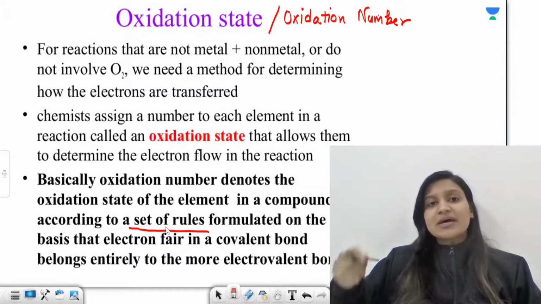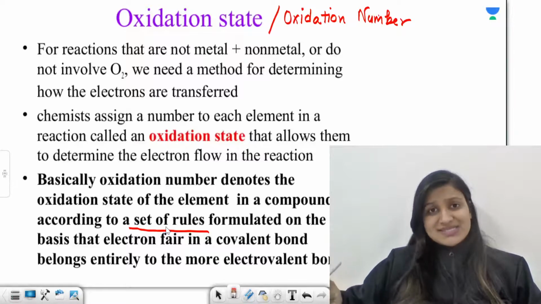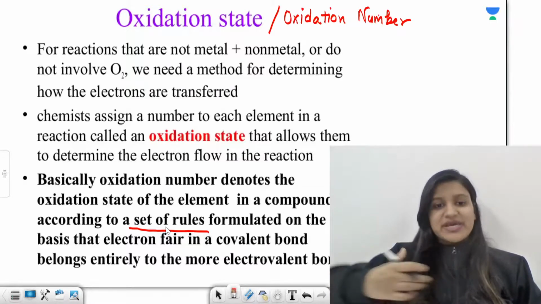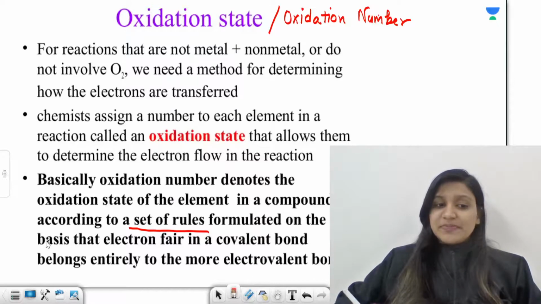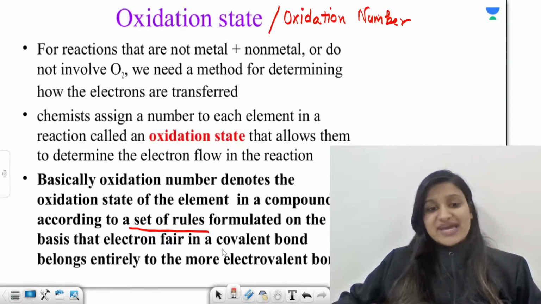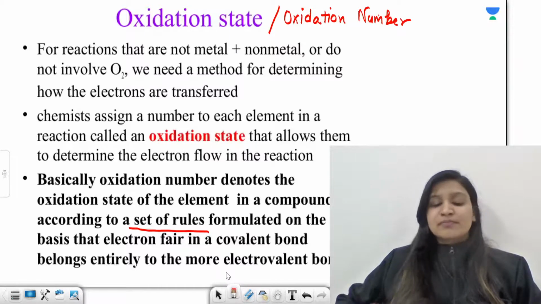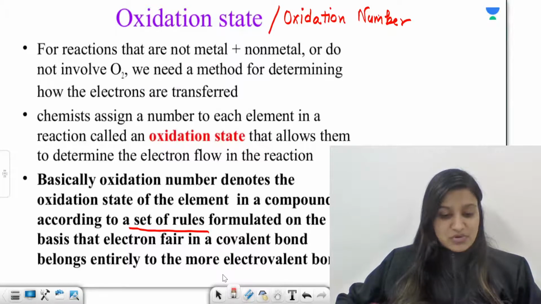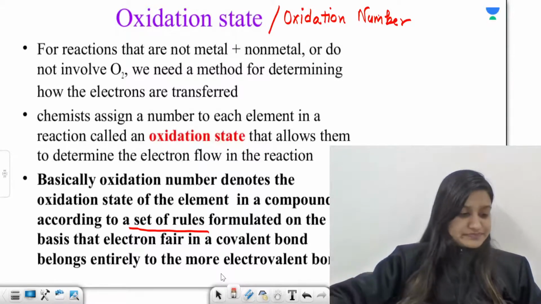These rules are formulated on the basis that the electron pair in a covalent bond belongs entirely to the more electronegative atom. I guess it's quite clear now.